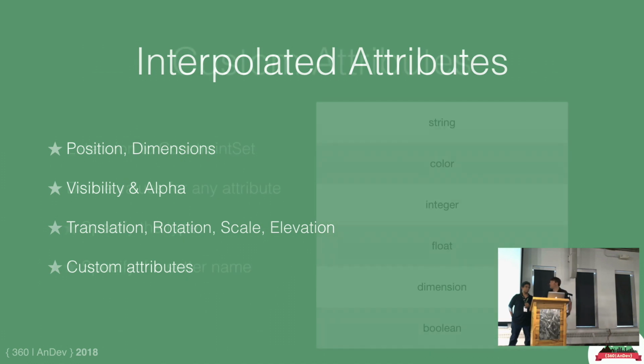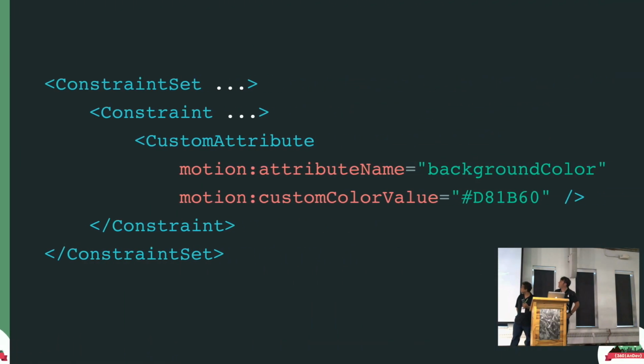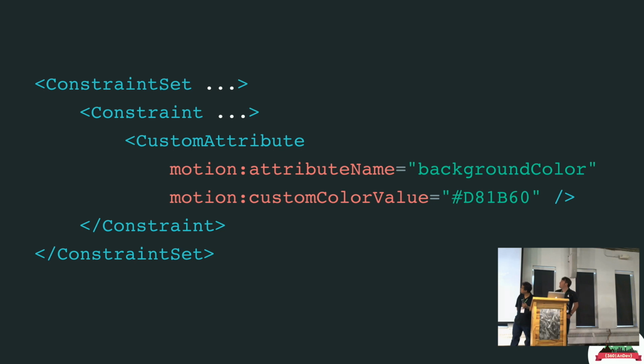So with custom attributes, you can specify very easily, okay, for that first state, I'm going to have my background to be red, and for that other state, the background will be blue, etc., etc. So here is how we do it in XML. You only have to create a custom attribute, indicate its name, and the color value, and that should be all.